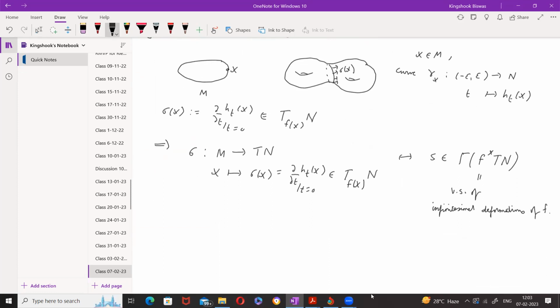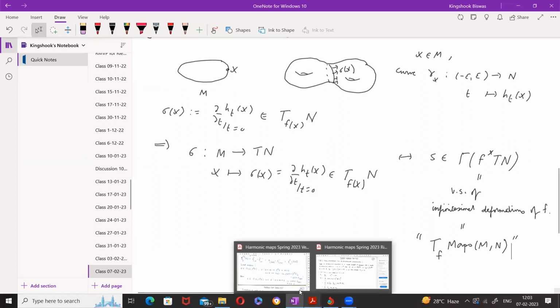Heuristically, this is something like the tangent space at F to the manifold of maps from M to N. That's why the pullback bundle is useful: you can use it to look at infinitesimal deformations of maps.